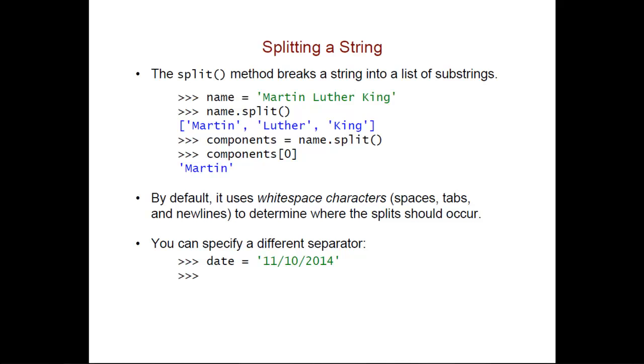If I want to break it up, when I call split, I'm just going to pass in the string containing a single slash, and so it'll know that I want to split the string on those slash characters. What I'm going to get back is this list, and you'll notice I have a string for the month number, then a string for the day number, and a string for the year.